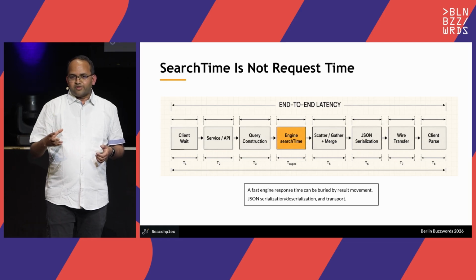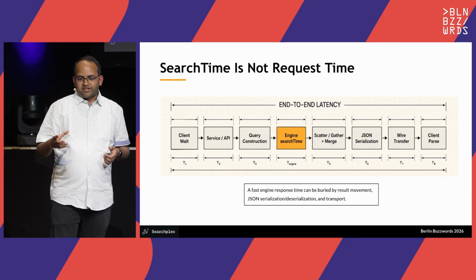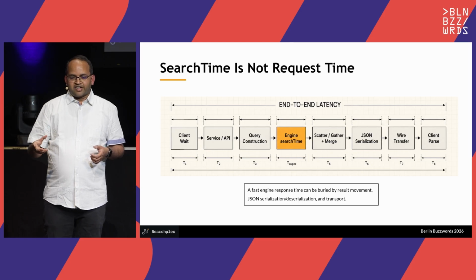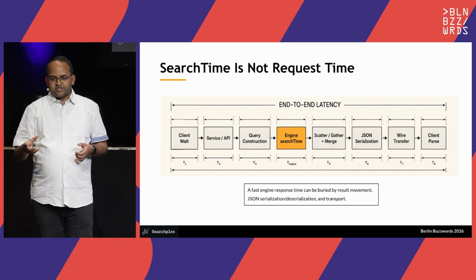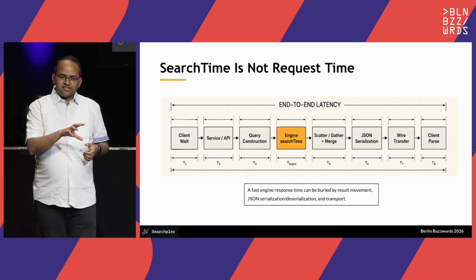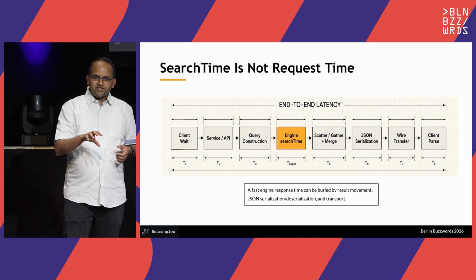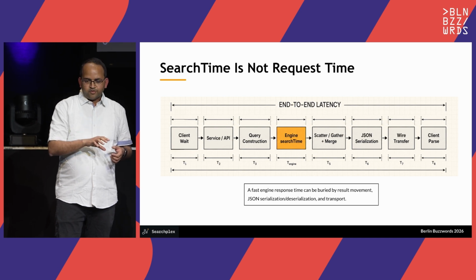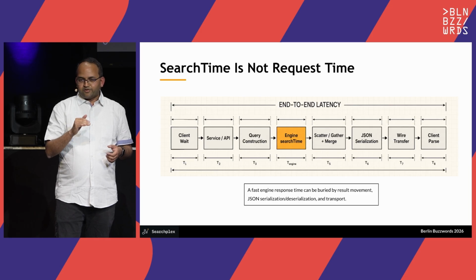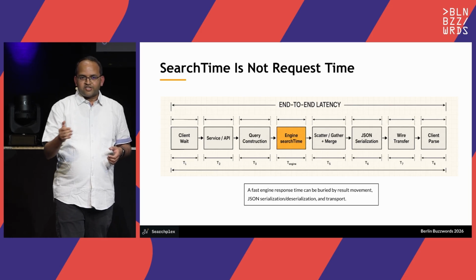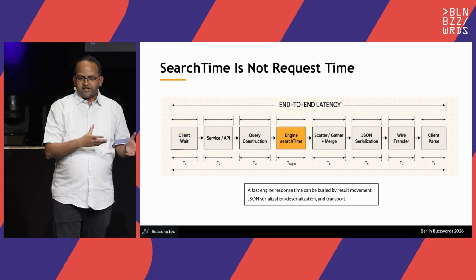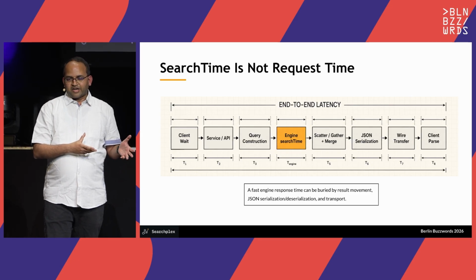There is also variable amount of time that is being taken in terms of gathering, scattering, the merge operations, the JSON serialization, deserialization, the wire transfer, because these steps, although they apply in the forward search flow, in the inverse search, there is no limit, there's no K. Like in a normal search, you would get all these things for 10 items in the result back to the client.